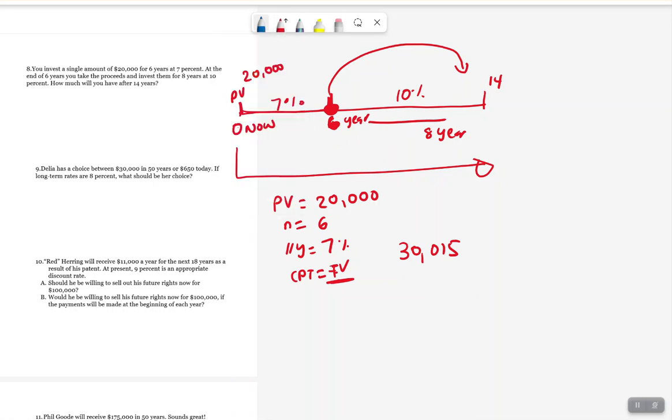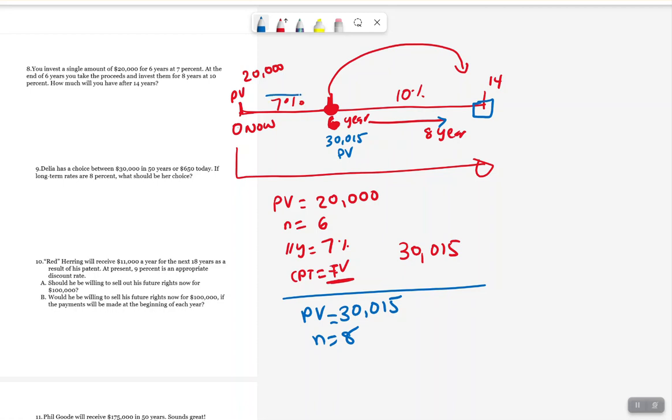When you calculate the future value, the money you had at that point was 30,015, and that becomes your present value at that point. So PV is 30,015, N is 8 years. You're going to invest it for 8 years, and you want to know how much that investment is worth after 14 years.